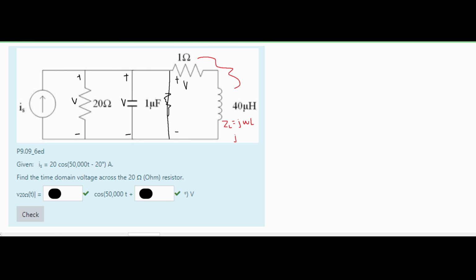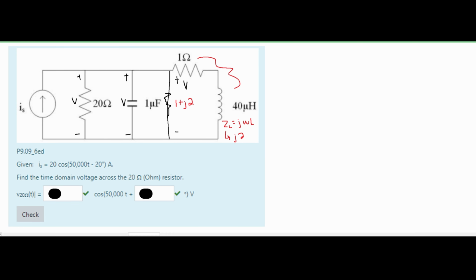We're going to have J times our omega, which is 50,000, so we'll have 50,000 times 40, and since this is microhenries, we need it in henries. We're going to have a 10 to the -6. And if we do all this, we're going to get that our Z of L is equivalent to J times 2. And so the total impedance here is going to be 1 plus J times 2.